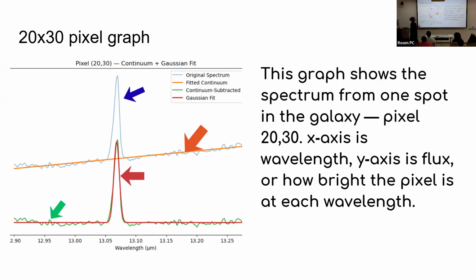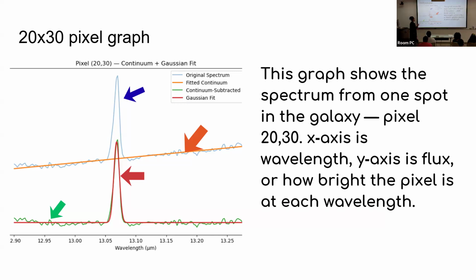We decided to shorten it from 11.5 to 14 microns to 12.9 to 13.3 because the H2 was being shown more prominently around 13.008 microns, so we wanted just that to be shown.